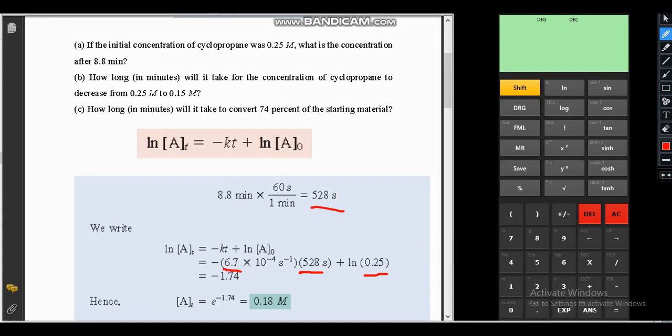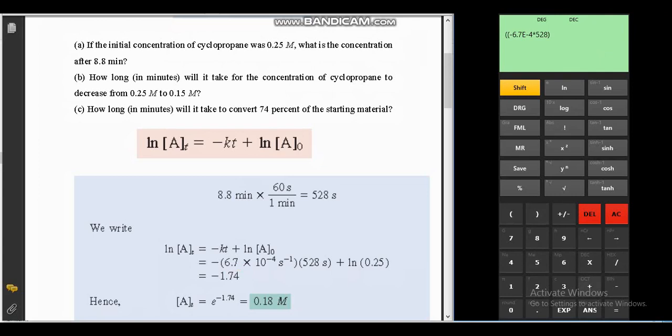So how do we punch them on the calculator? On the calculator, we'll start with an open bracket. The first values are multiplying, so we'll put them in one bracket: negative 6.7 exponent negative 4, multiplying by 528, then close bracket.